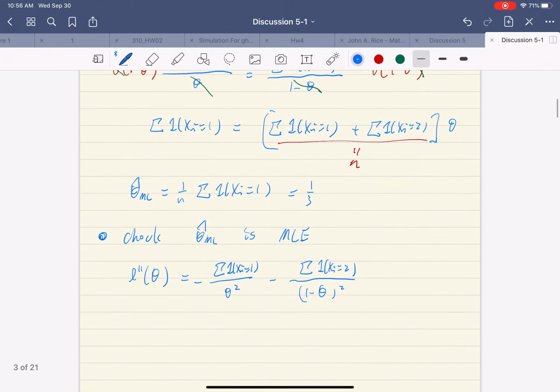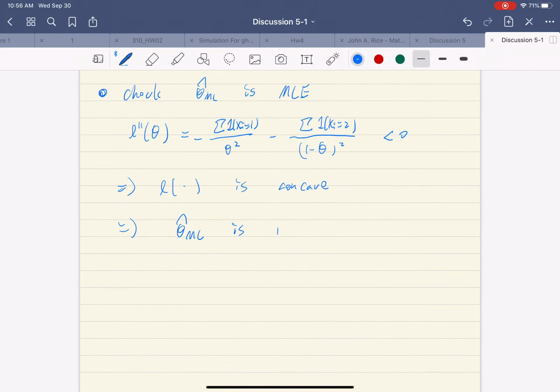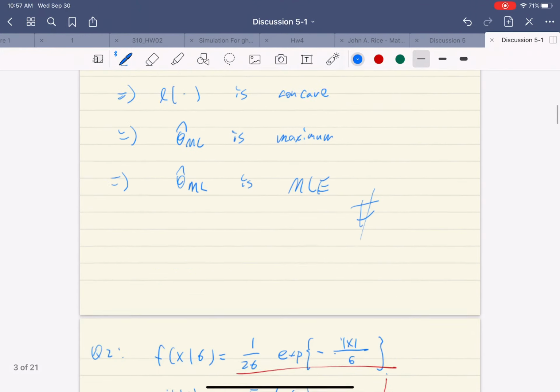We can see this is always negative, so this function is concave. That means the solution we found is a maximum. So in conclusion, the estimator is the MLE. Okay, that's the second part.